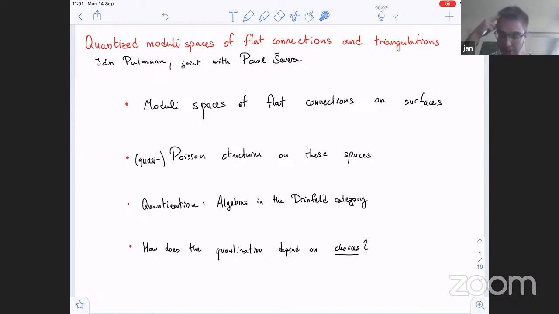Partly because these modular spaces of flat connections on surfaces are symplectic or Poisson, or something I will use, quasi-Poisson manifolds. This is the famous Atiyah-Bott symplectic structure, and generalizations of that.